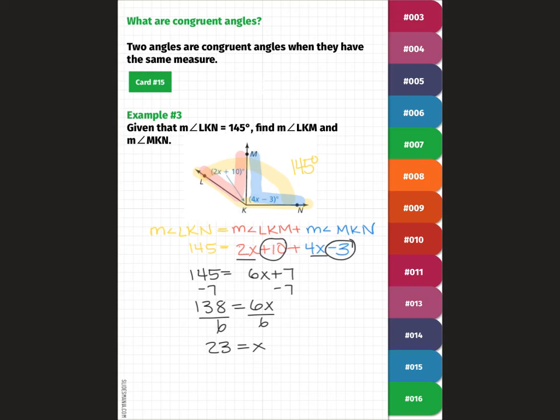But am I done? No, I'm not done, because the question says find the measure of LKM and the measure of MKN. So I have to find those measures now. I know that the measure of angle LKM is equal to 2x plus 10, so that's 2 times 23 plus 10, which is 46 plus 10. So the measure of angle LKM is equal to 56 degrees.